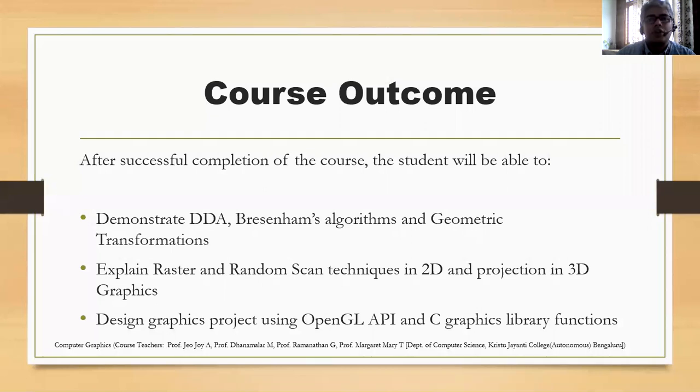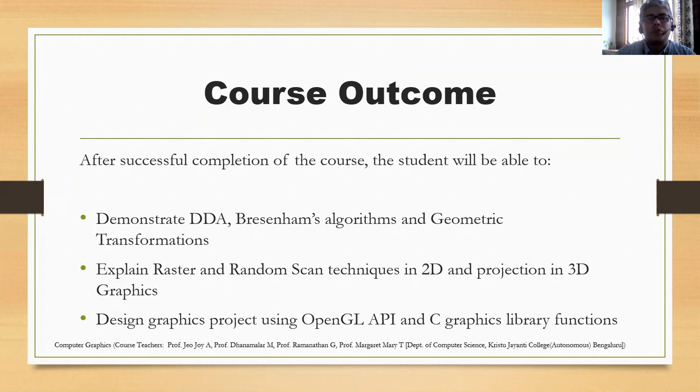Coming to the course outcome. After successful completion of this course, the students will be able to demonstrate various line, circle, and ellipse drawing algorithms like the DDA and Bresenham, and they will be able to perform the various transformations with geometrical images.